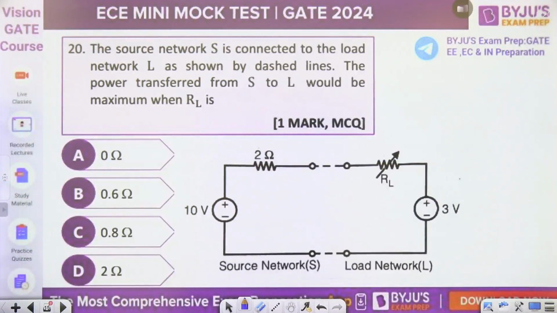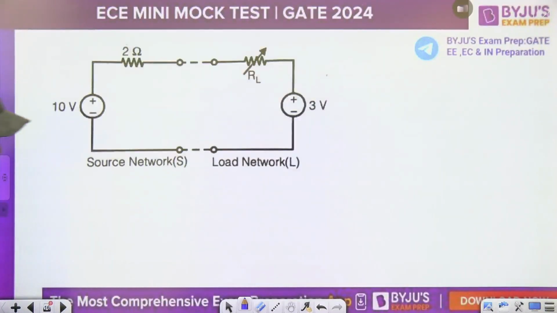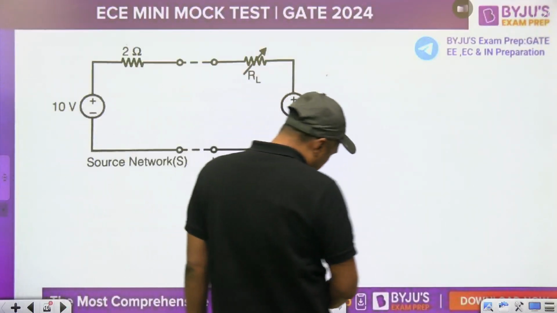Take your time, guys, and after solving the question, then go for the solution. 0 ohm, 0.6 ohm, 0.8 ohm and 2 ohm. Then what is the maximum power transfer theorem here?